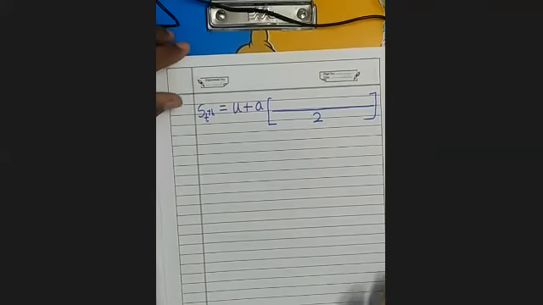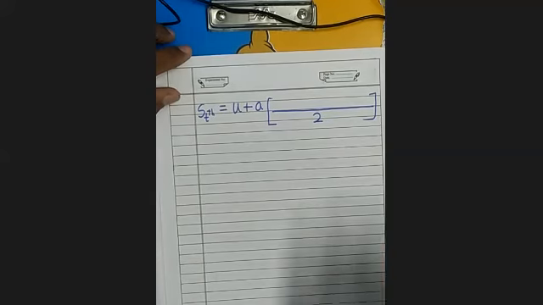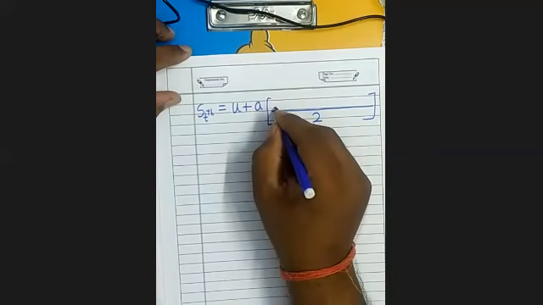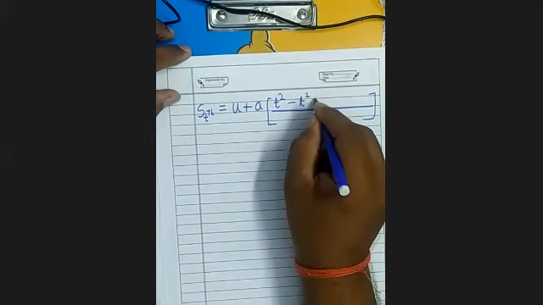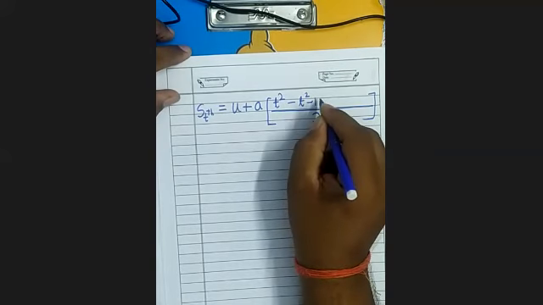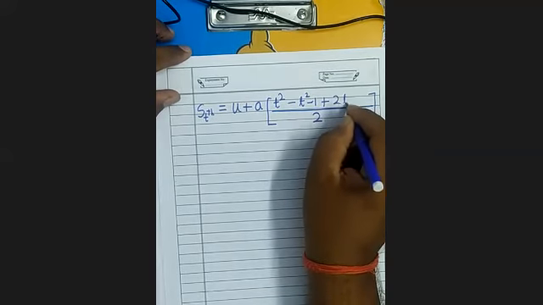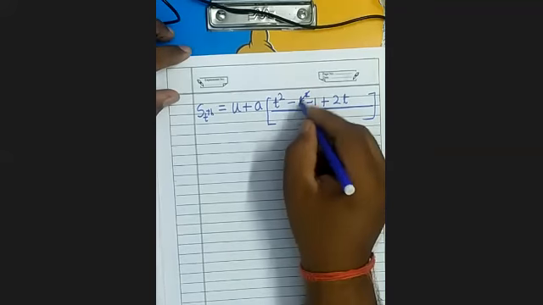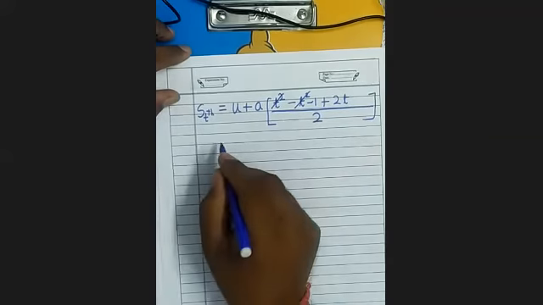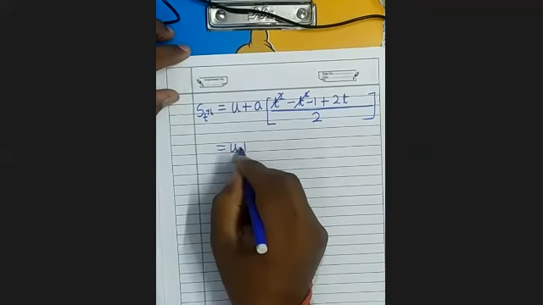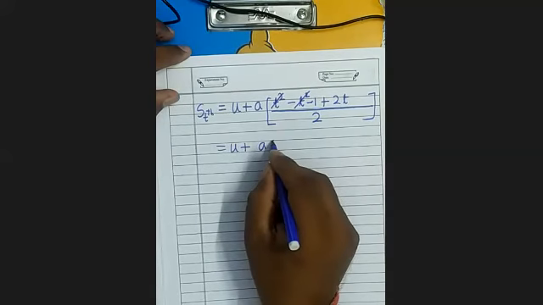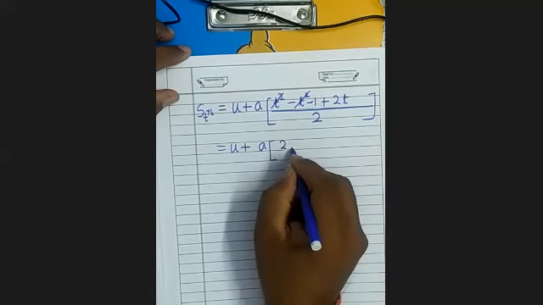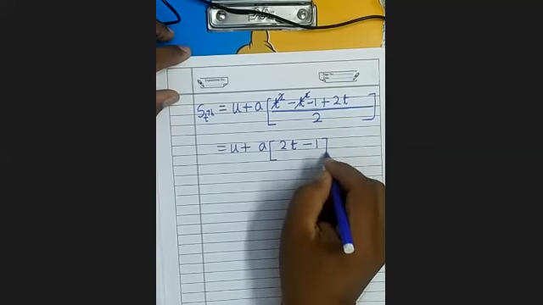So you can see here t square minus t square minus 1 plus 2t, this is a times (2t minus 1) upon 2.